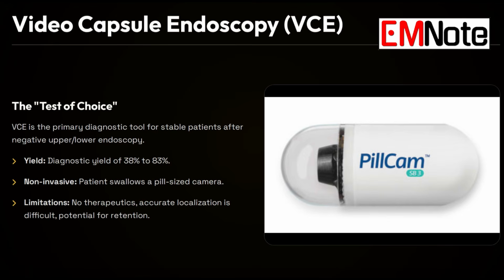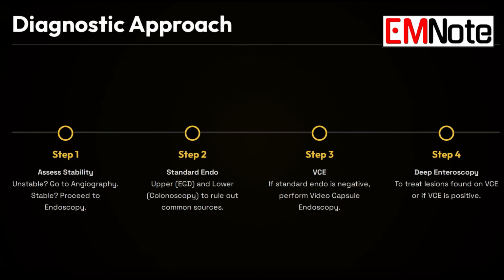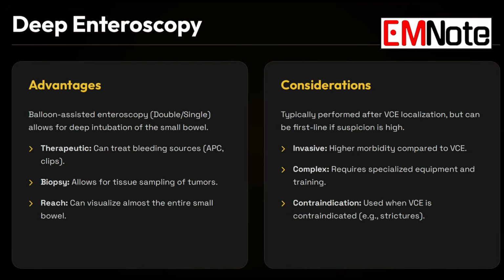If the capsule or other imaging confirms a source, how do we move from diagnosis to therapy? The therapeutic step is deep enteroscopy. This is the technology that really changed the game for small bowel bleeding management. We're talking about balloon-assisted enteroscopy or spiral enteroscopy. And these let you get deep into the small bowel? Very deep. These methods let us reach almost the entire small bowel.